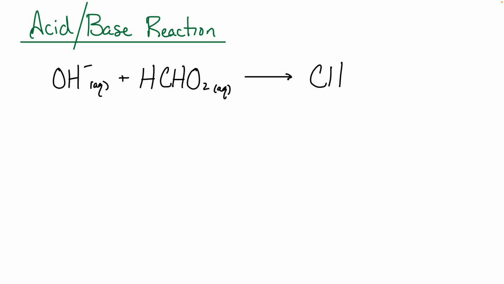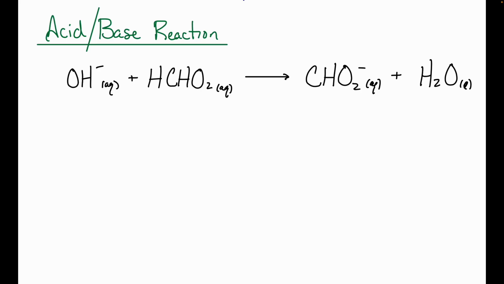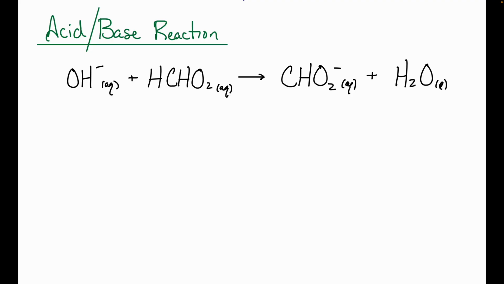All right, so I'm going to get my conjugate base, that formate, and my conjugate acid is water. And now I have to figure out how much of this acid-base reaction has occurred.